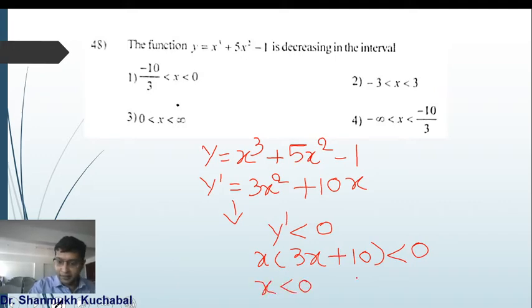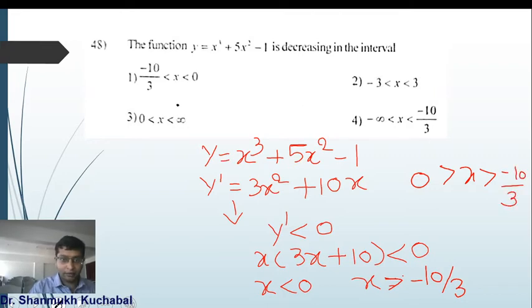The other condition gives x greater than minus 10 divided by 3. Combining this, we get minus 10 by 3 less than x less than 0. Therefore option A is the right answer.